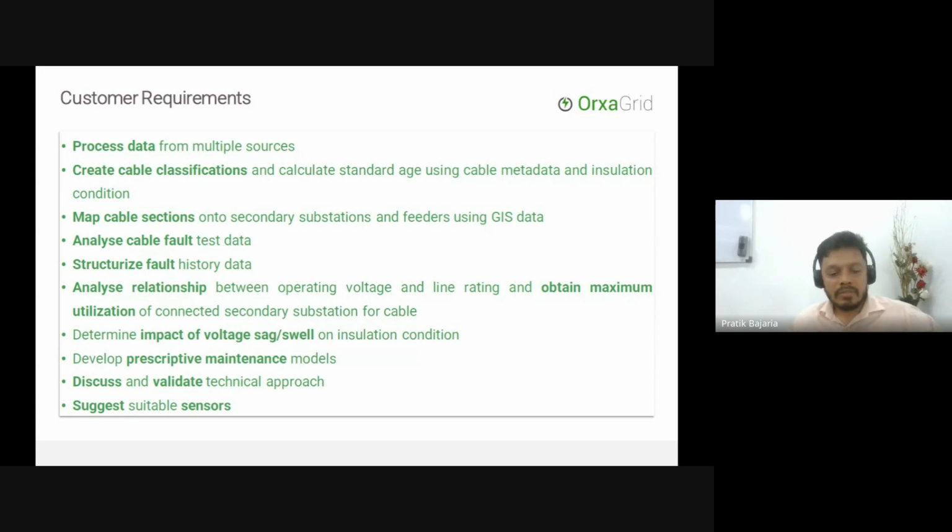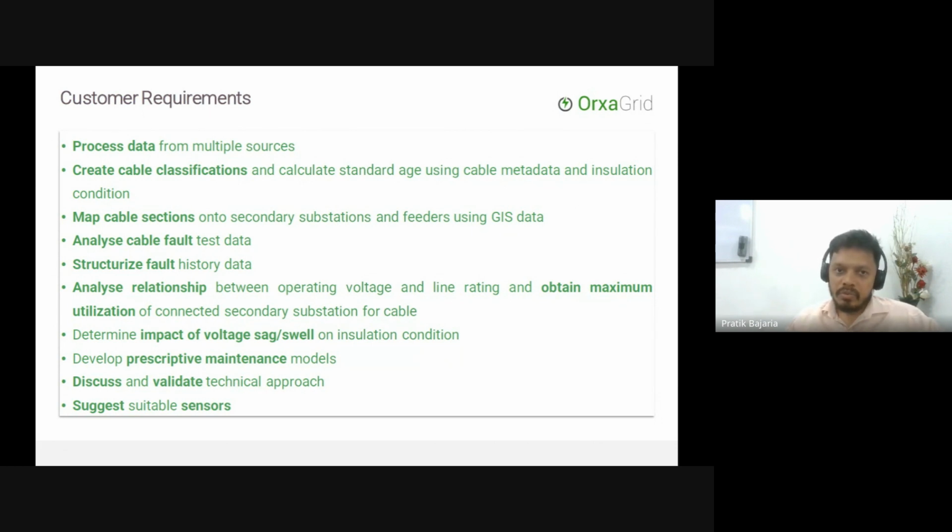And hence the solution should be scalable and compliant with multiple sources from which the data can be pulled and integrated, so that the set of KPIs mentioned can be given to the customer and they can draw meaningful insights out of it.